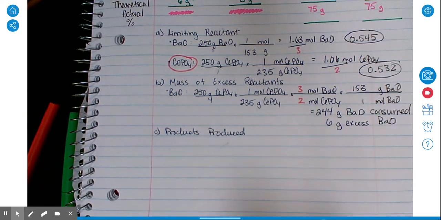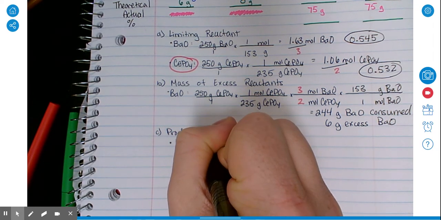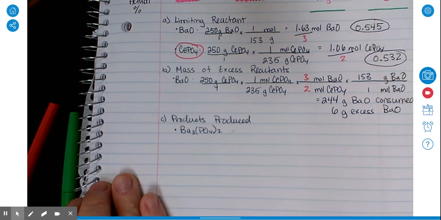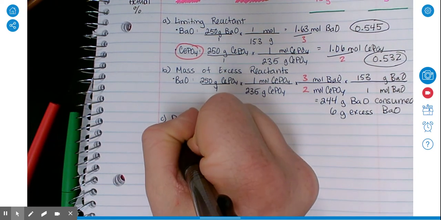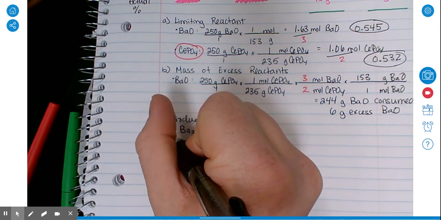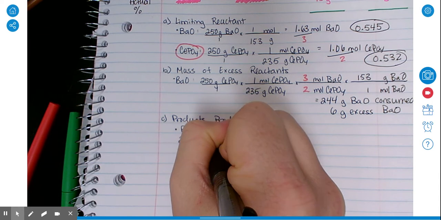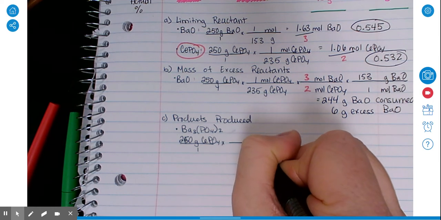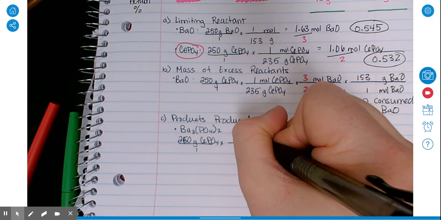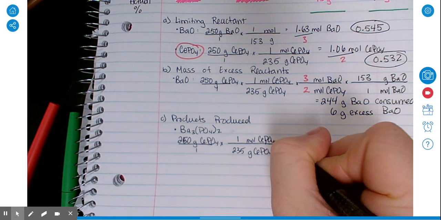So for the mass of my products produced, I'm going to do the barium phosphate first. All these calculations are going to start off the exact same, using the cerium as our limiting reactant. 250 grams of the CePO4, grams to moles, using the molar mass, so 1 mole contains 235 grams.